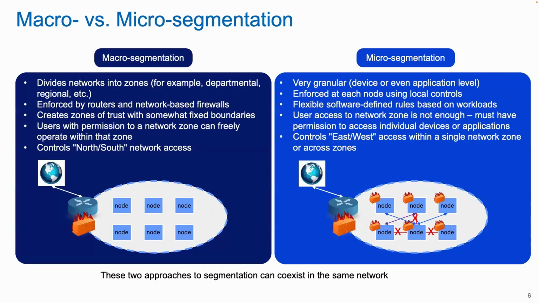So how do you do network segmentation? Well, there are two different types: macro versus micro segmentation. What is really the difference between the two? From a granularity standpoint, macro segmentation is a lot less granular.